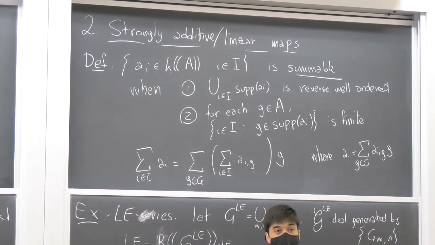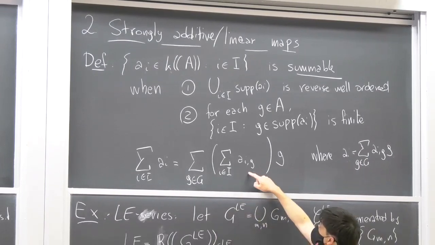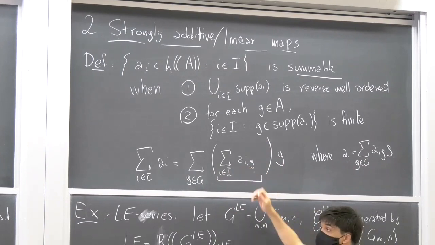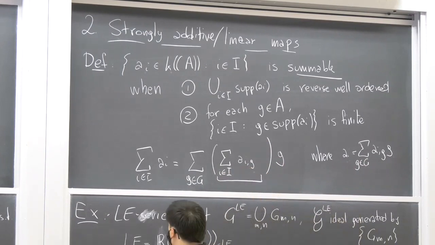This is how we define the infinite sum. And now you can see that to make sense of this, you want to have those two conditions, because condition 2 tells me that each of these sums is actually a finite sum. Most of it is 0, so you can throw it away, and then you have finitely many things to add together. Okay, so this is summability.